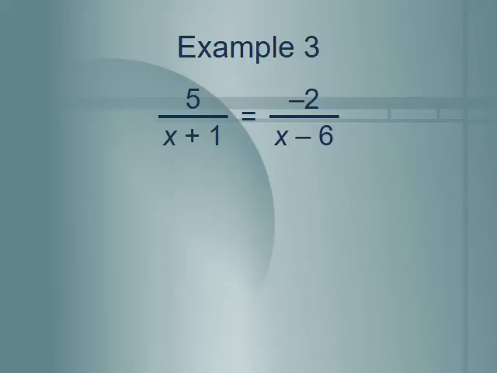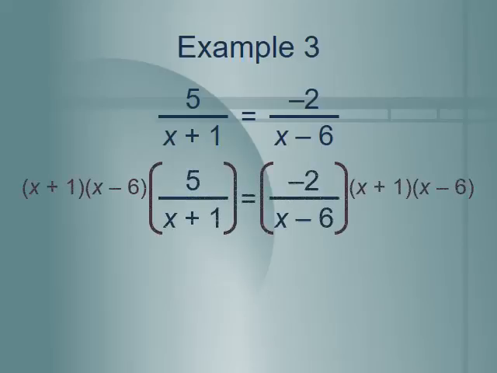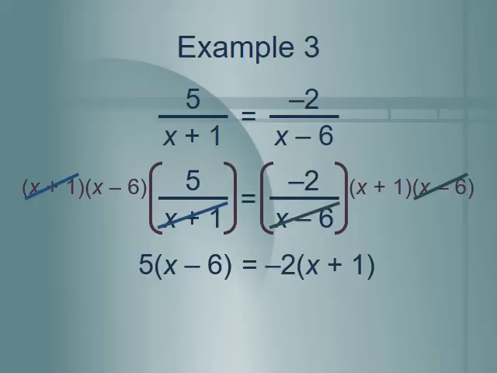Let's look at this one. Our common denominator is going to be x plus 1 times x minus 6. So when we multiply all of that across and we do our reducing, we end up with 5 times x minus 6 equals negative 2 times x plus 1.